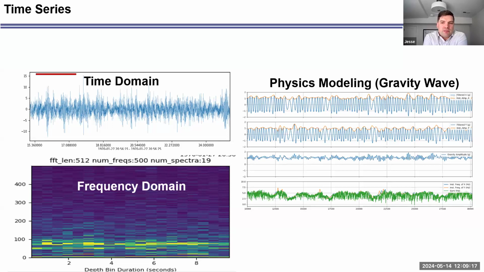One thing, you can apply a fast Fourier transform and take the time domain data into the frequency domain. So that's what I'm showing in the bottom left. So we take small time samples, apply an FFT, and then we have some type of frequency amplitude at each frequency.